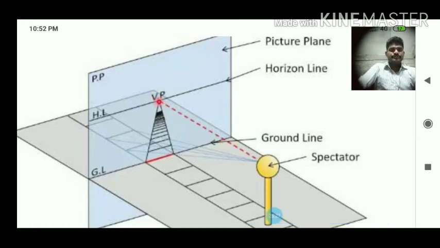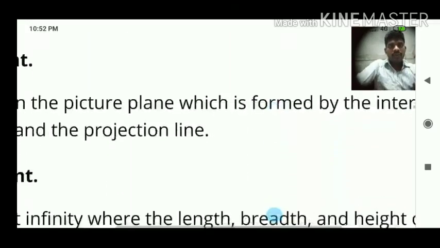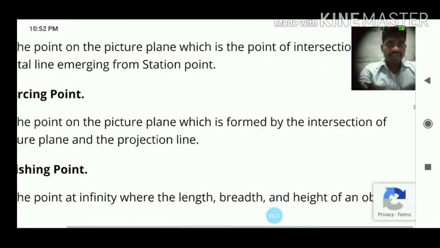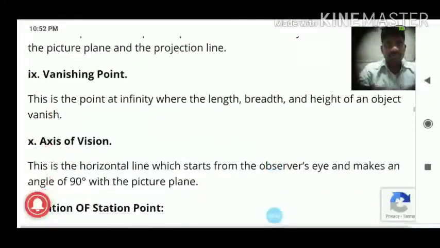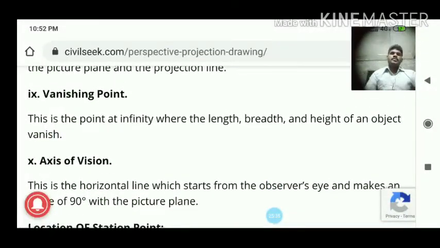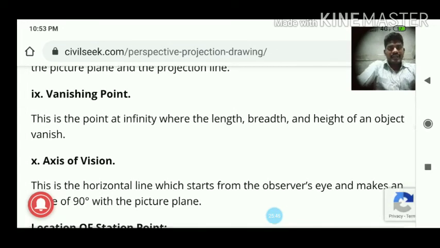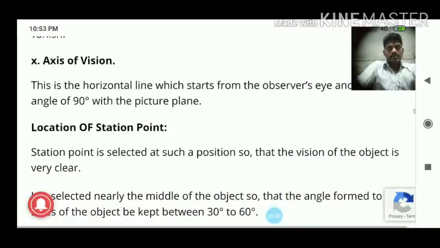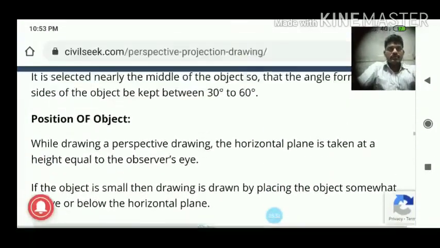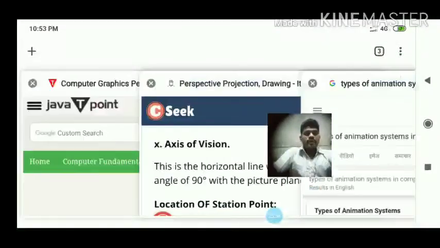This is about the vanishing point in perspective projections. And we will see again the definition of the vanishing point. Look at here. This is the point at infinity where the length, breadth and height of an object vanish. So we'll see another definition for the vanishing point.